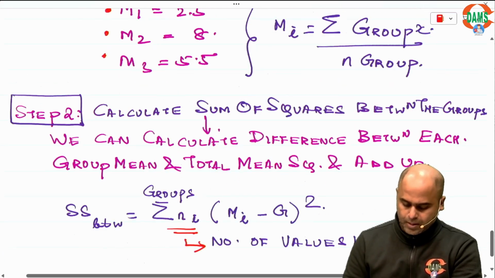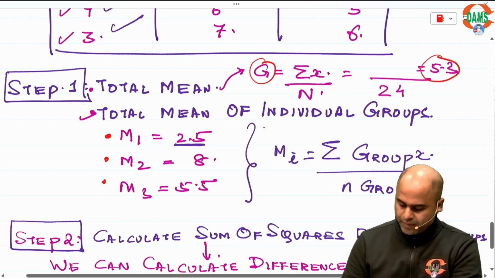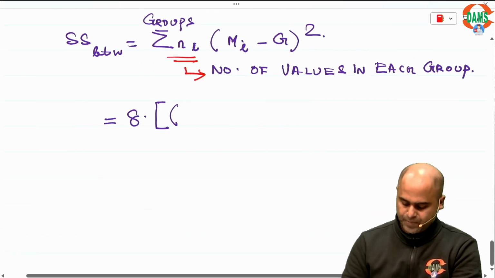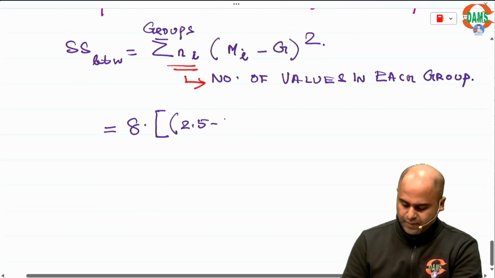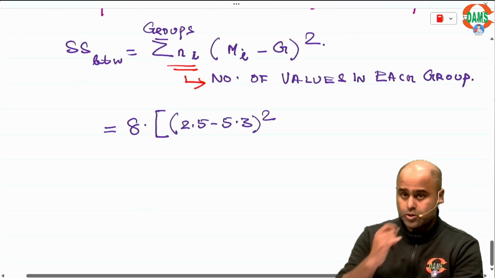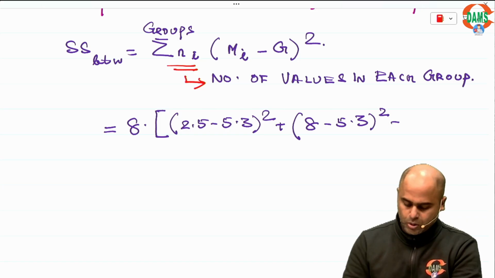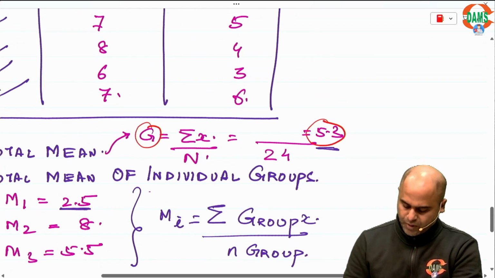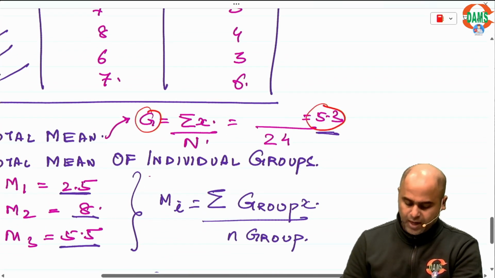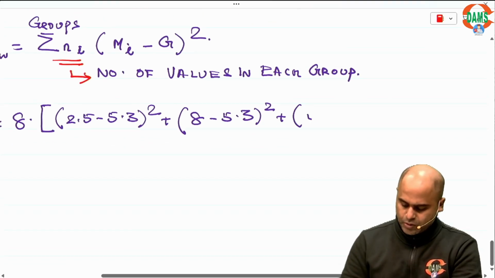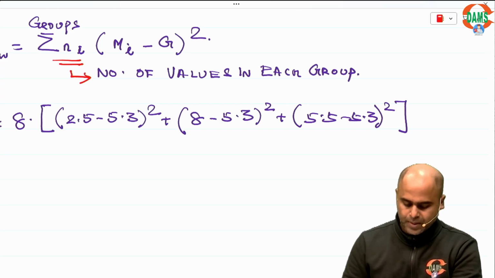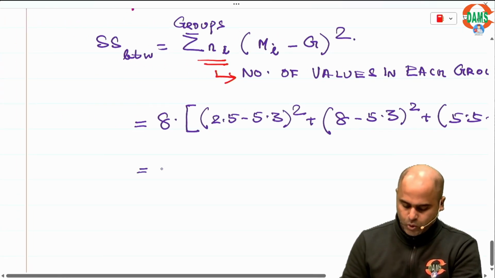Now here for M1 it is 2.5 and my G value is 5.3. So it will be (2.5 minus 5.3) squared. Similarly for M2, I will have (8 minus 5.3) squared, plus, because for M2 this value was 8, for M3 it is 5.5, so (5.5 minus 5.3) squared. When I do this, the grand total will come out as 121.3.